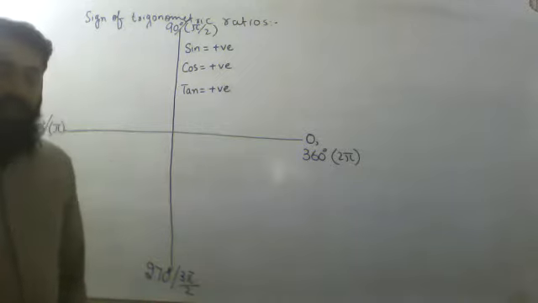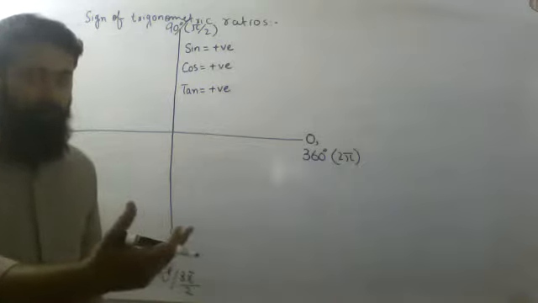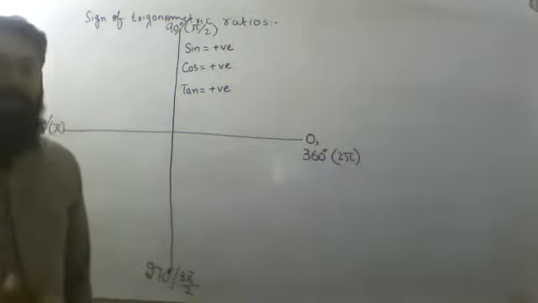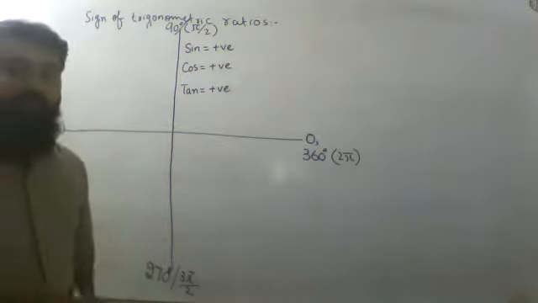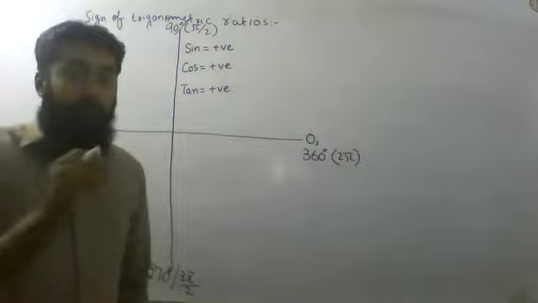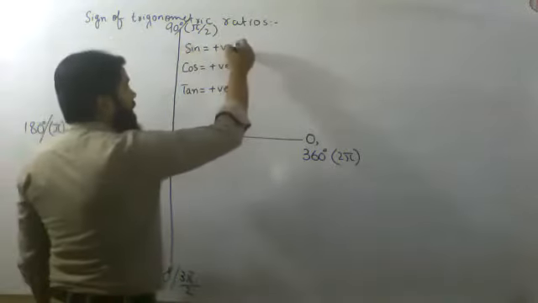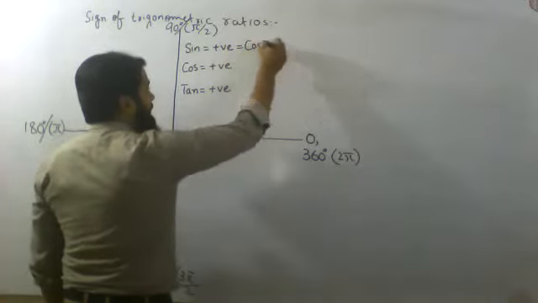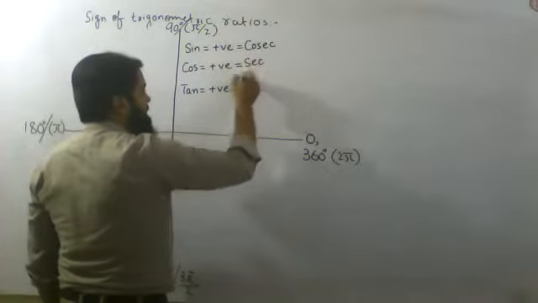Okay, I'm not talking about the value, I'm just talking about their signs. Sine 85 degree, the result is coming positive. Cos 60 degree, the result is coming positive. Tan 25 degree, the result is coming positive. Now if I take the reciprocal, when we take the reciprocal of anything, it will not affect its sign.